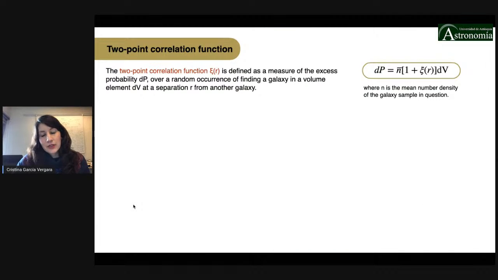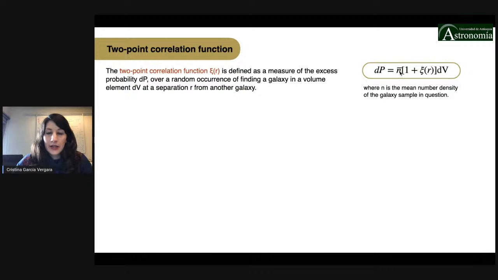The typical definition for the 2-point correlation function is this: the measure of excess probability, dP, over a random occurrence of finding a galaxy in a volume element dV at a separation r from another galaxy. That is the formal description of the 2-point correlation function, and it is encapsulated by this formula here.